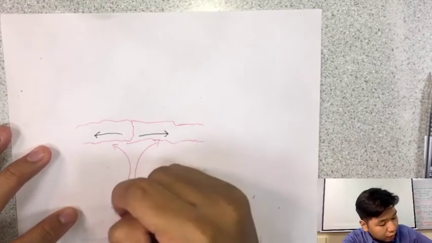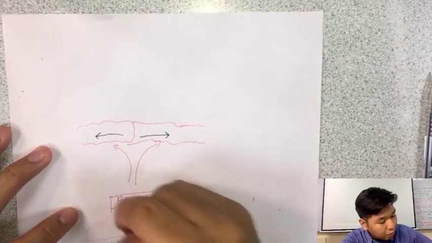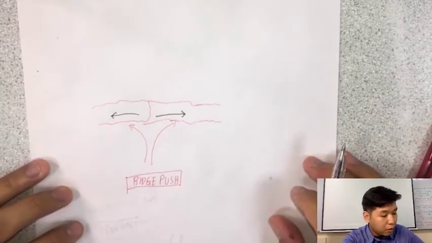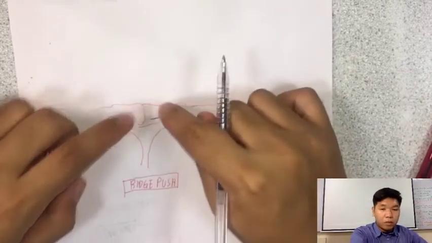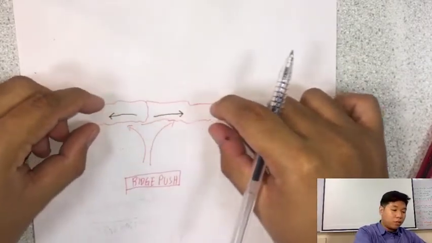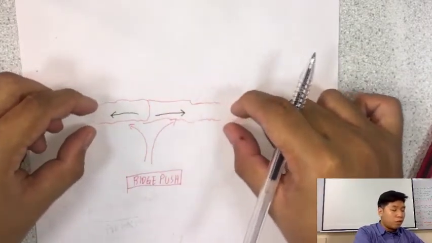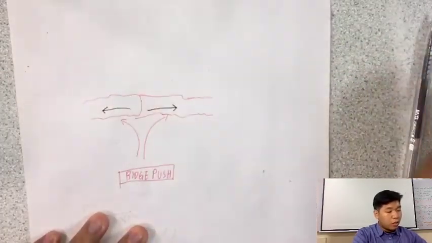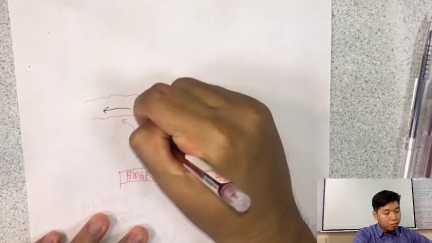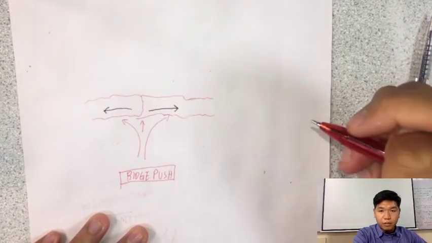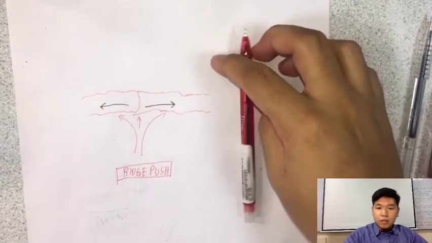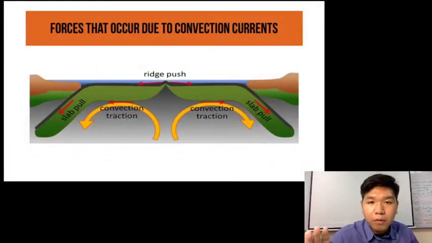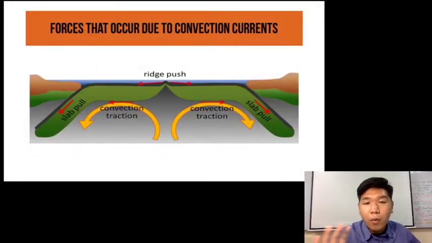Again, this here is the force made by the convection current of the mantle. Okay, so these two plates are going to be moving away from each other because of the ridge push. Right? There's also a force that is going to push it up over here. Okay, now this here is what happens in our tectonic plate.